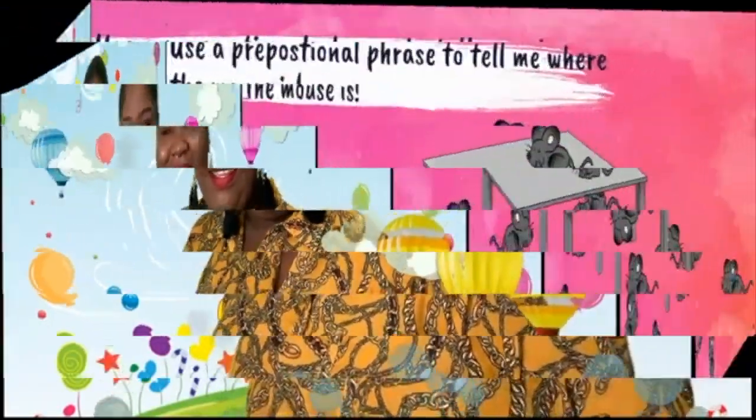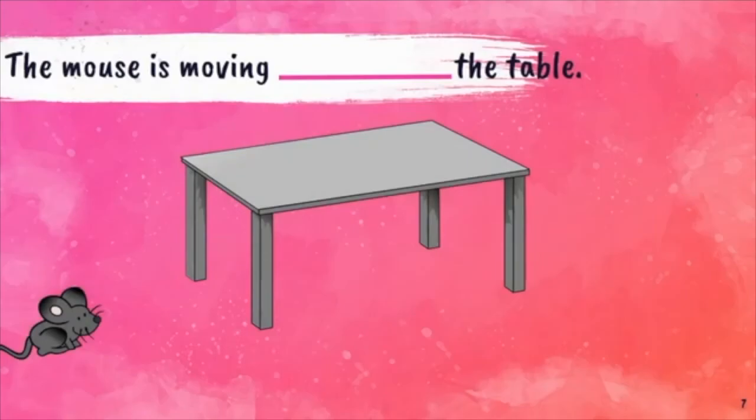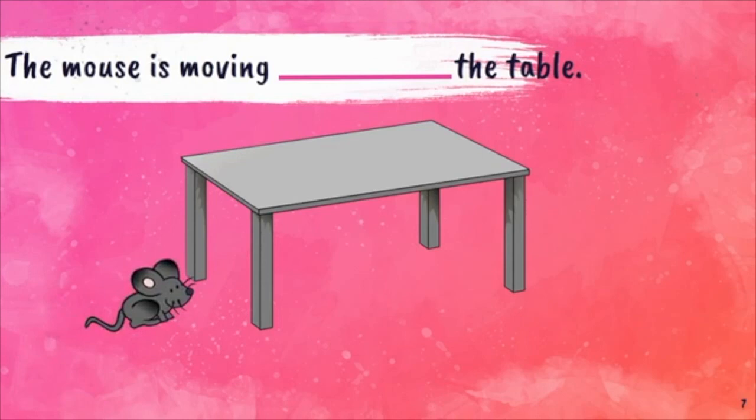It's activity time. Let us use our prepositional powers to tell the location of the mouse in relation to the table. The mouse is moving toward the table. Good job! Let's give it another go.